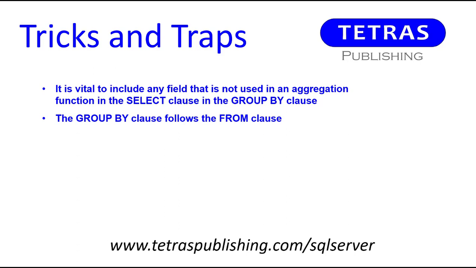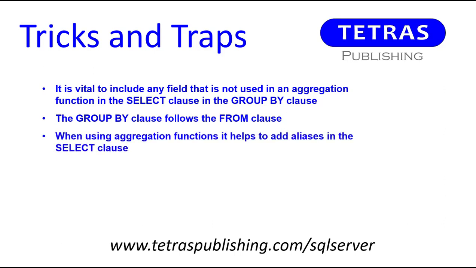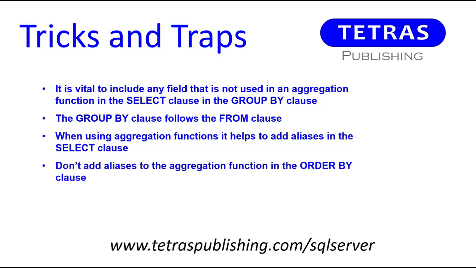You need to be aware as well that when you're using aggregation functions, it really helps to add aliases in the select clause, otherwise you won't see which column you're aggregating. But conversely, when you're using aggregation functions in the order by clause, you don't need an alias, and if you do try and add one, this too can cause the query to fail.